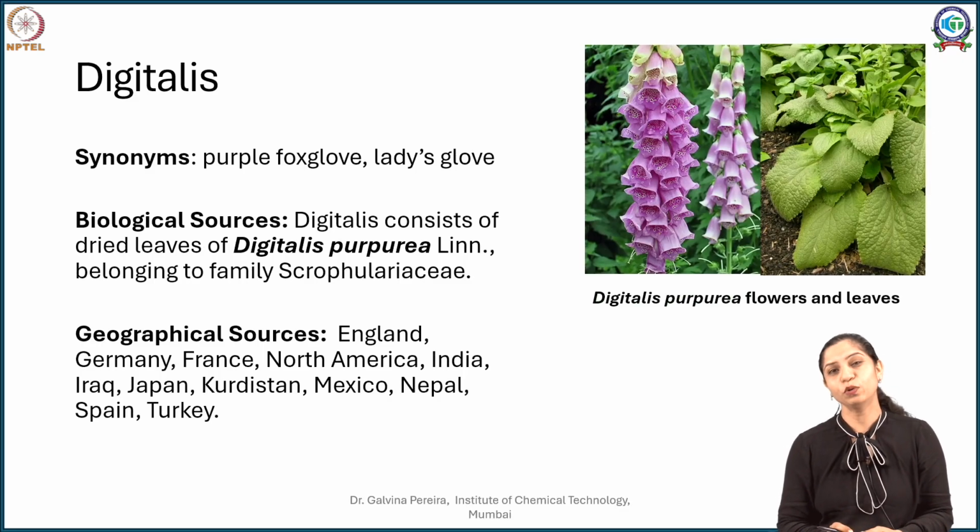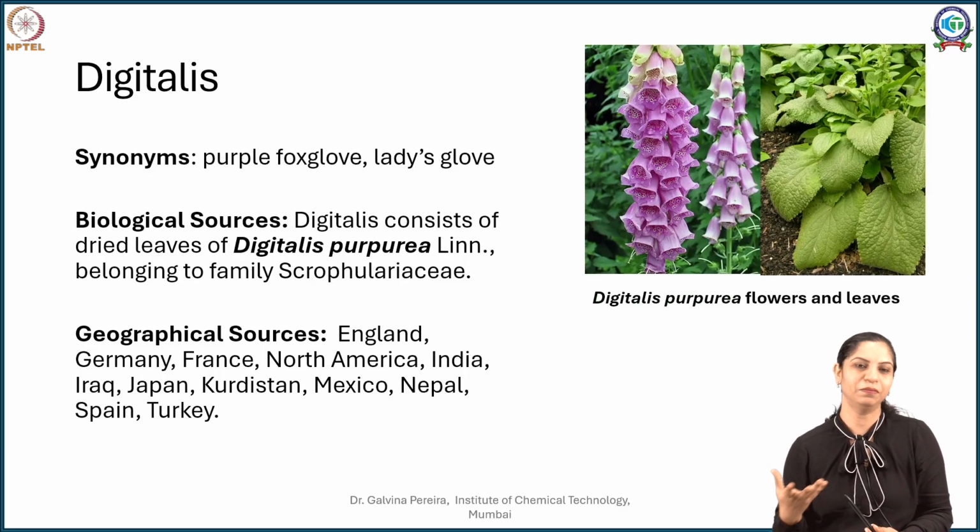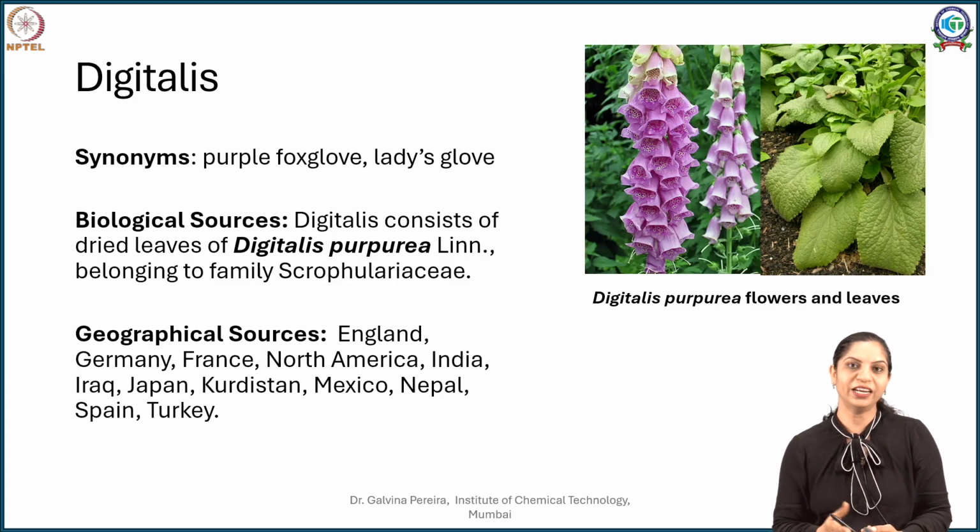So, digitalis is a beautiful Himalayan plant which grows in Europe or mostly the temperate climates. Depending upon the species, predominantly 2 species of digitalis are used, Digitalis purpurea and Digitalis lanata. So, Digitalis purpurea, let us talk about it.